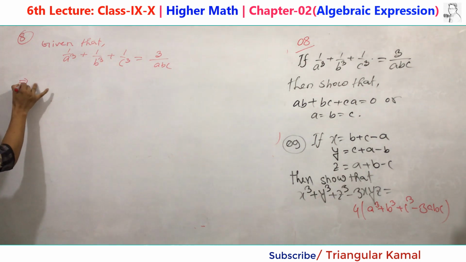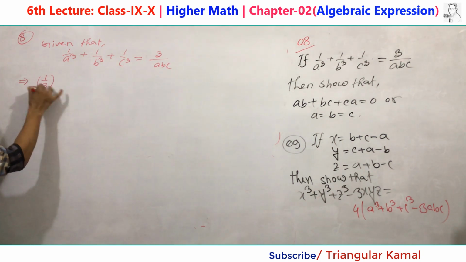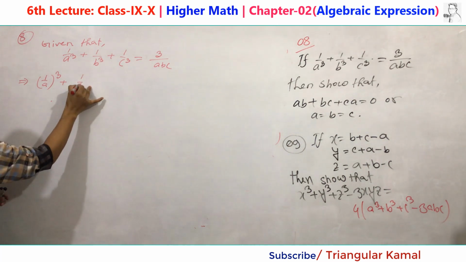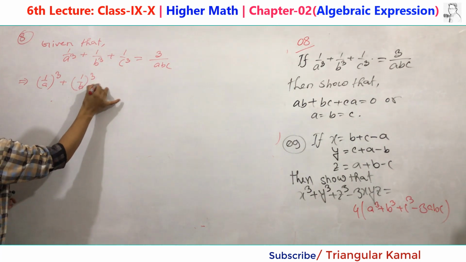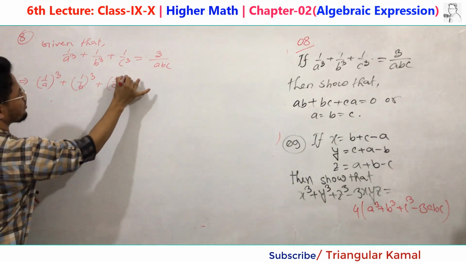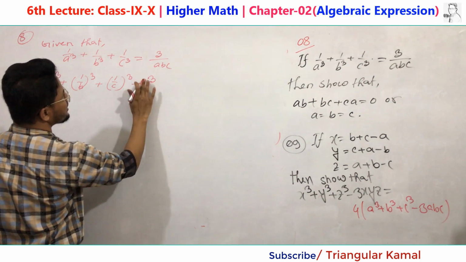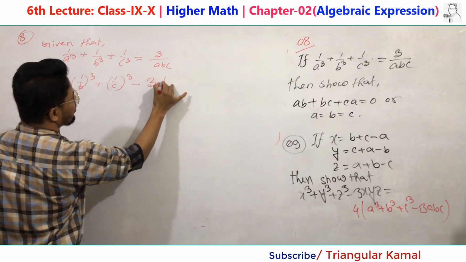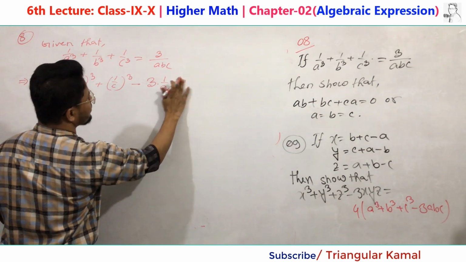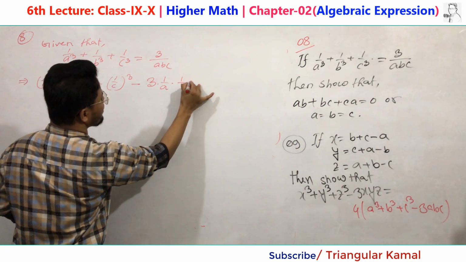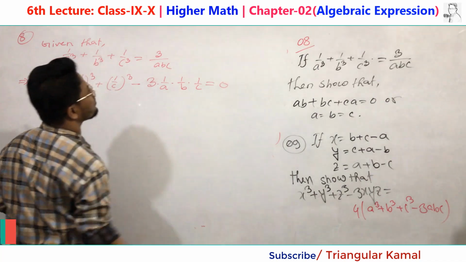Now write here 1 by a whole cube plus 1 by b whole cube plus 1 by c whole cube, and minus 3 times of 1 by a, 1 by b, 1 by c equals 0.